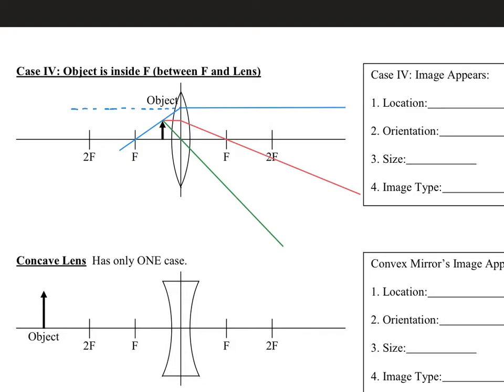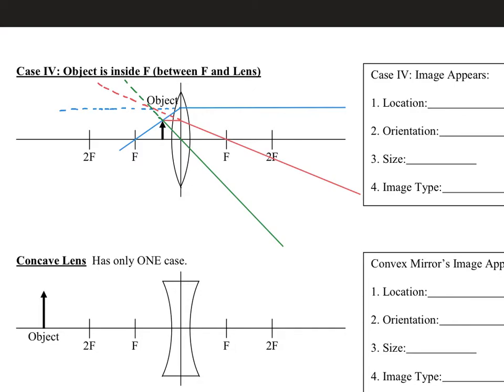You could do this with a ruler. A ruler won't work on my iPad for some reason. So there's the blue ray backtraced. The red one will look like that pretty much. And as long as we get the gist of this, it's okay. And then the green one would look like this backtraced.